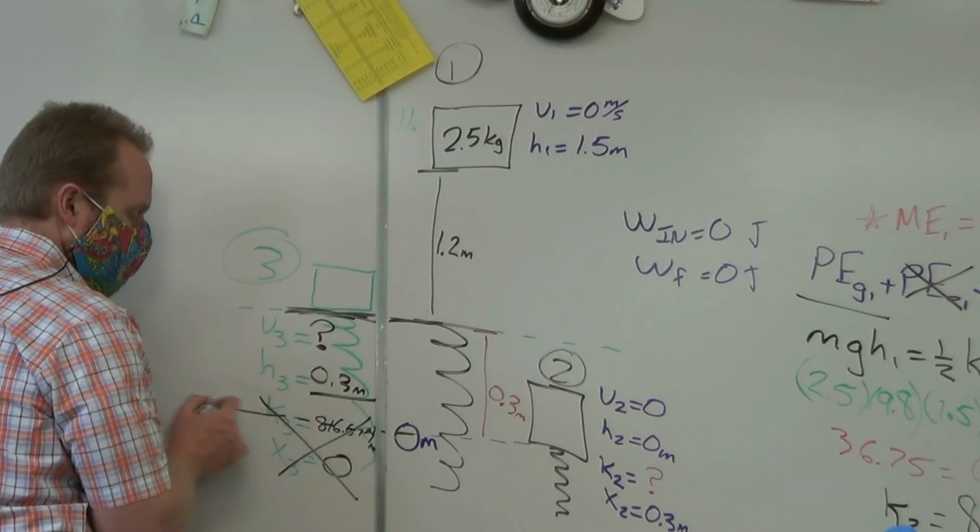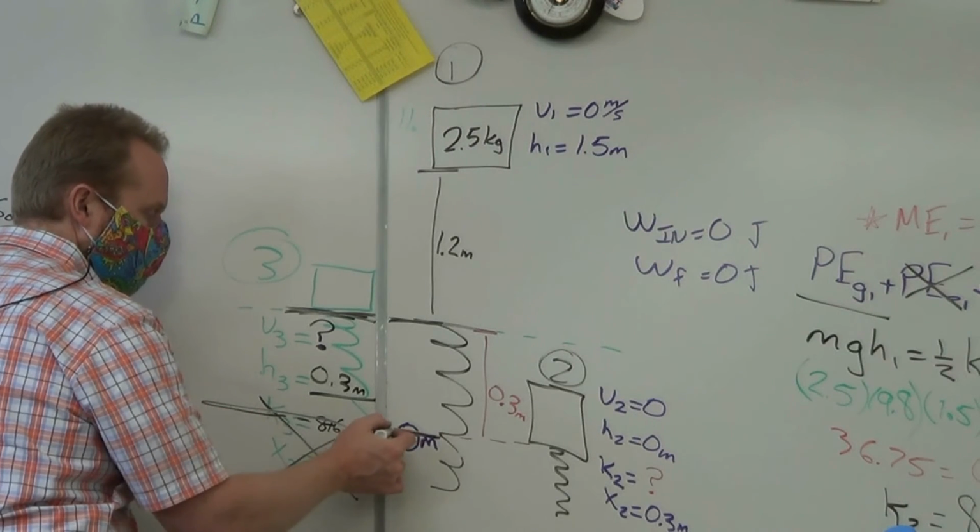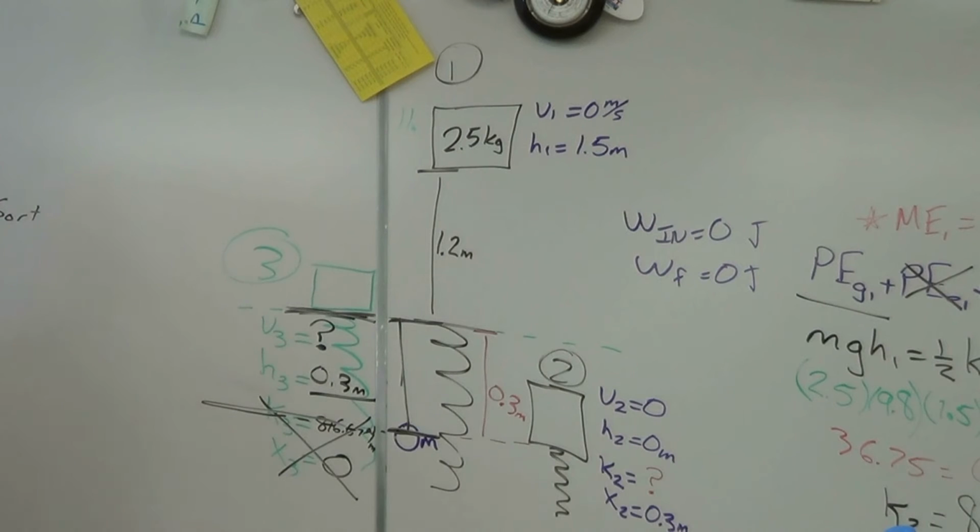Because over here, we said that right here it was 0 and it's 0.3 meters above it. Now, could you redefine your height? Sure, you could. You could change your H3 to be 0. But then your H1 would have to change. Your H2 would also have to change. So typically partway through a problem, it's not the easiest thing to do. It's doable, it's just typically not what we do.